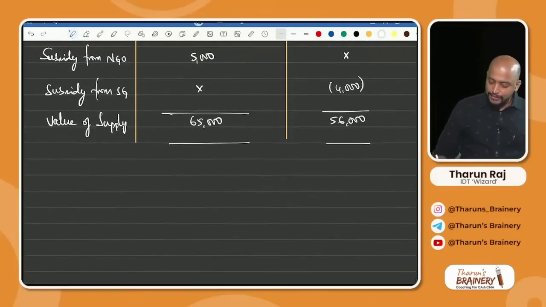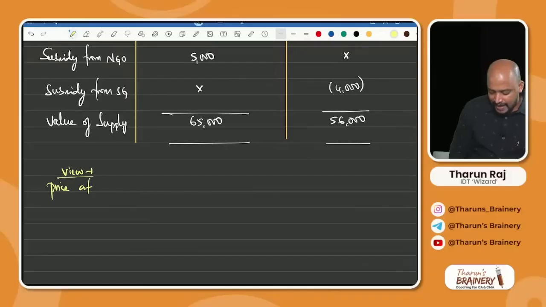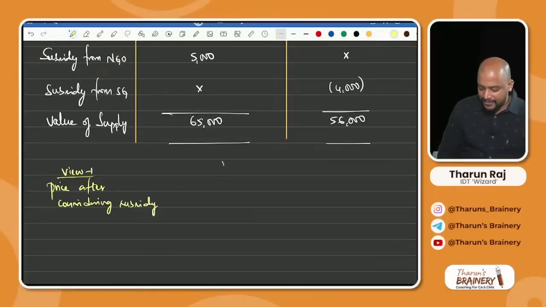So view 1 is what? Price after considering subsidy. Correct? Now from the student how much are we getting?